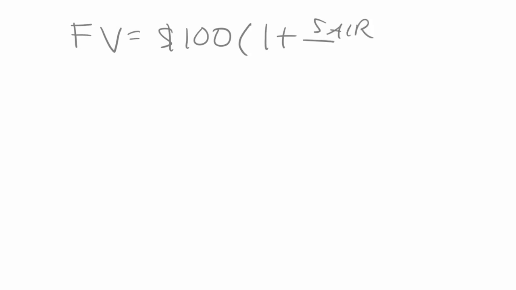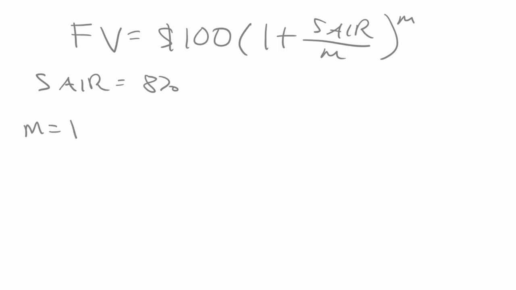So let's do some examples. Remember, future value is 100 times 1 plus stated annual interest rate divided by M, to the Mth power. In our example, we'll take the stated annual interest rate to be 8% per year. Well, if M equals 1, we're back to annual compounding.